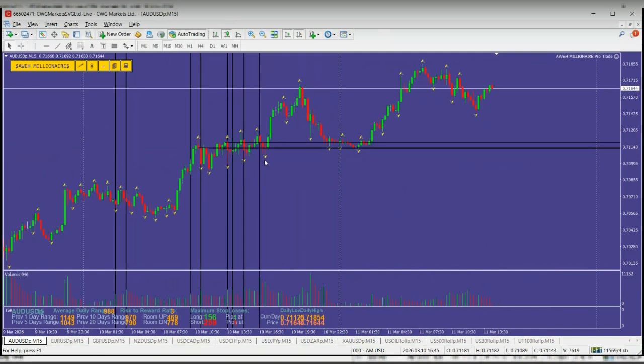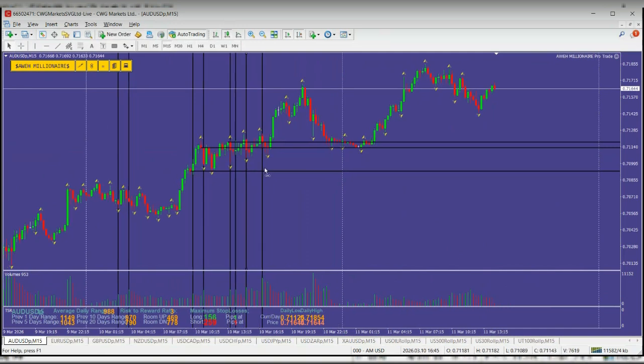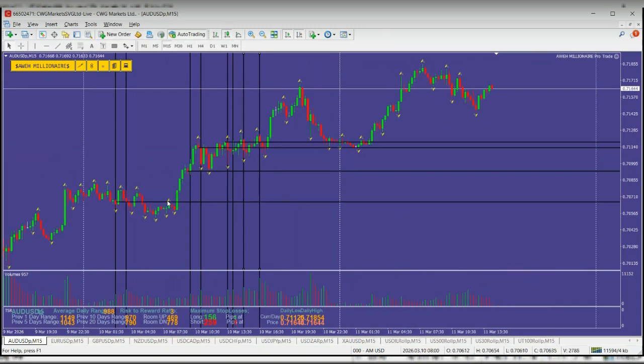The price is coming off, and then we've got this one over here as well. And if I go below, these ones over here. Okay, so those will be the levels of focus for today.